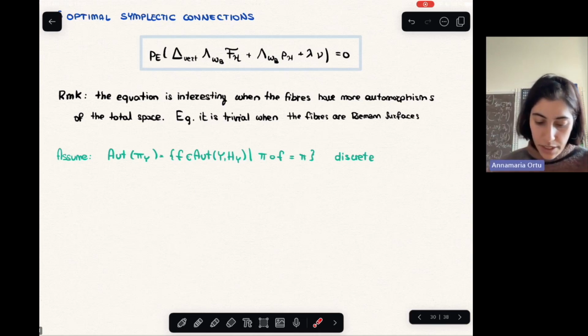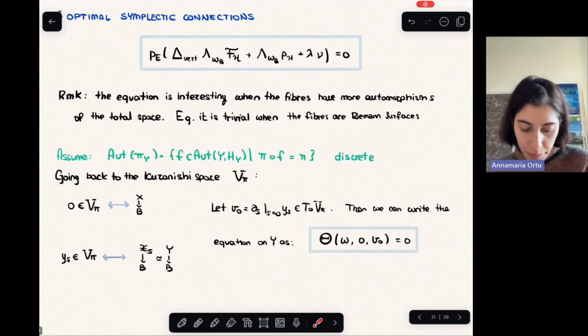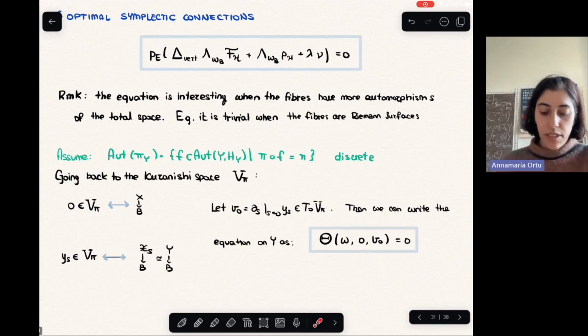So now assume that the automorphism group of pi y is discrete, so the automorphisms of the fibration, global automorphisms that commute with the projection, is discrete. Then we can go back to our Kuranishi space, so the space that parameterizes the deformations of the fibration. And we can write the equation like this.